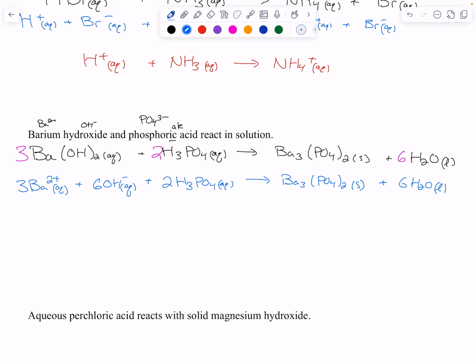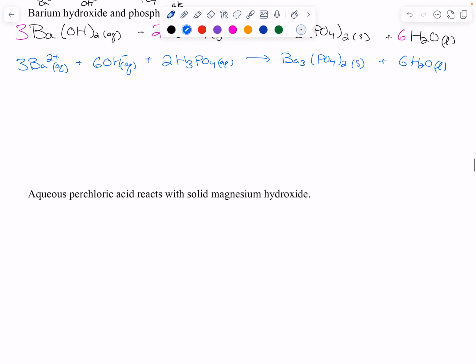All right. So perchloric acid, right? Perchlorate comes from perchlorate, right? So that's ClO4. So we have HClO4 (aq) plus Mg(OH)2 solid, right? Mg2+, OH−.